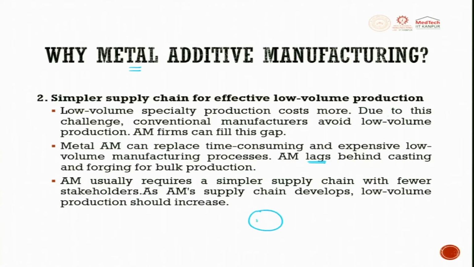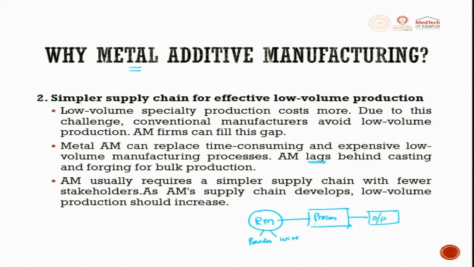Because you need to have raw material, which is a powder or a wire, put it into the process, and then you get the output. So, in the supply chain, all you need is only an AM raw material. For AM, it can be powder, wire, whatever it is. Then process technology, wherein we try to use some of the gases.